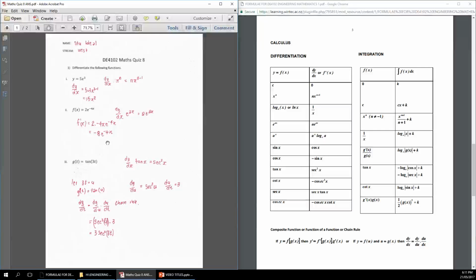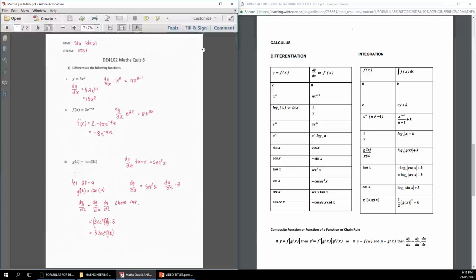The 2 just stays there, and dot means multiply. 2, and then the negative 4 comes to the front. The x doesn't come through. It's just the negative 4.